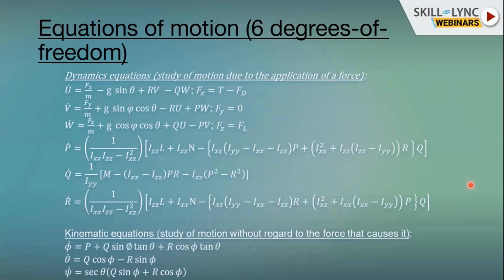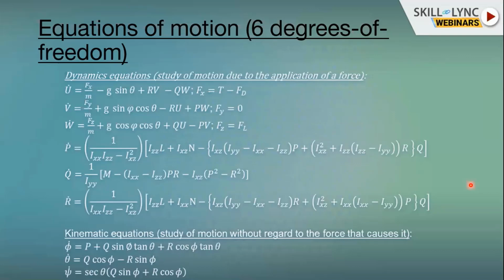And terms that I would like to pay attention to. You have F sub X over M, Fx, Fy, F sub Z are the forces along the X, Y, and Z axis. So you can clearly see how thrust can contribute to a force in the X-axis, because both engines, or if you have a single engine, it's trying to generate thrust to push the aircraft forward, which is in its body X-axis.